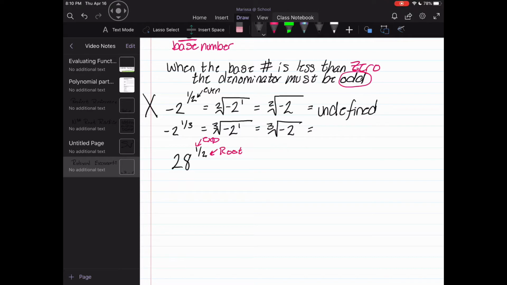So I'm greater than 0 for my base, so it doesn't matter if my root is odd or even. Then I can just rewrite this as the square root. I'm going to put the 2 on the outside of 28 to the first power, or the square root of 28. That's all that you have to do.